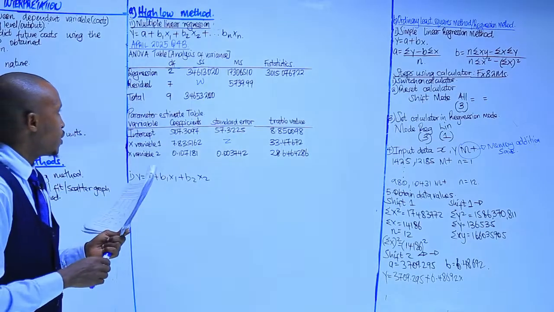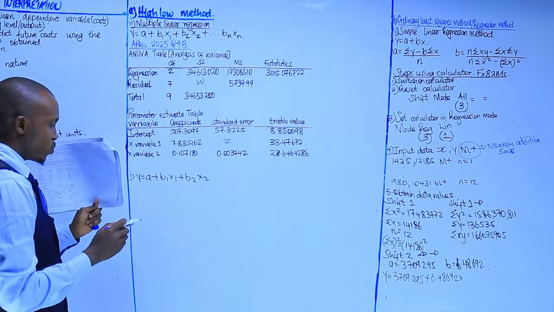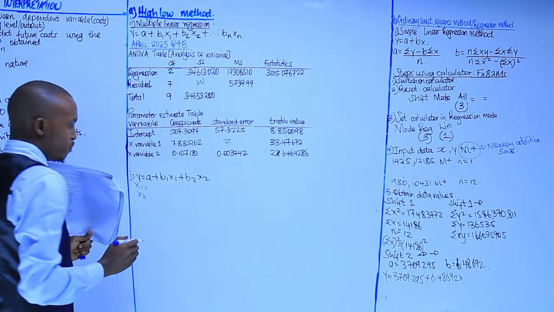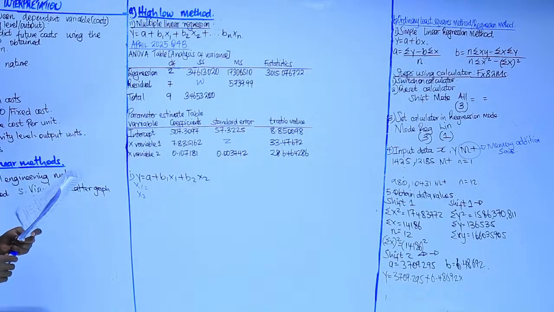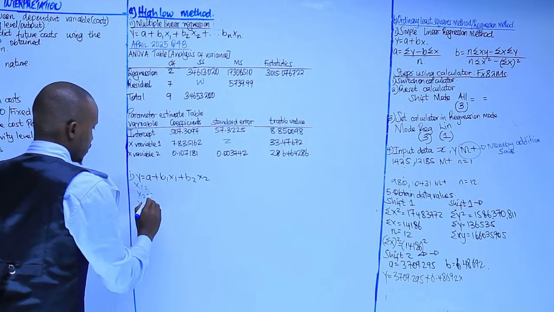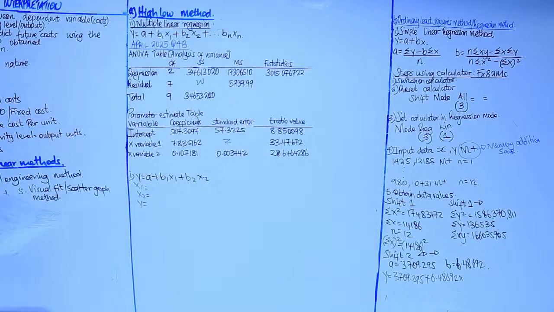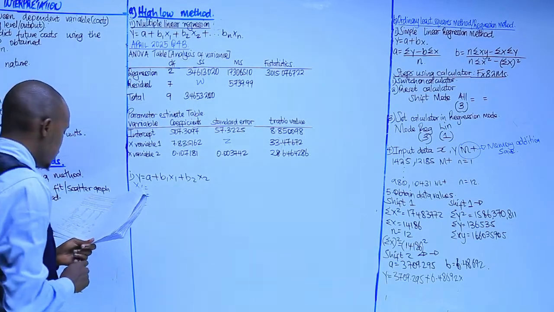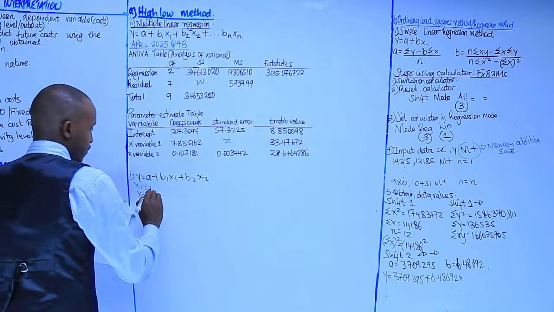Now, the first thing you realize is that x1 and x2 you must be given, where we know x simply means the independent variable and y means the dependent. In this case, x1 is number of orders.